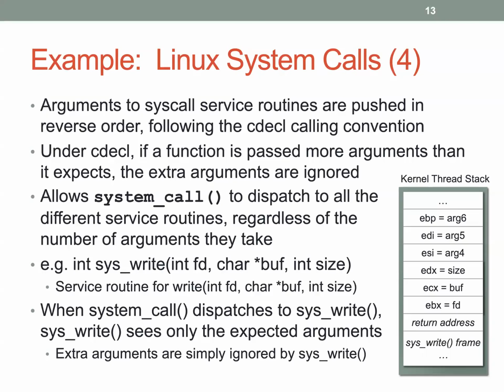It's just the way that the service routine needs it to be. And so sys_write can access its arguments using the completely normal C mechanism. It can return a value, it'll go back in EAX, and the system call dispatcher can take care of packaging everything up and making sure it gets back to the user program. So it's kind of a beautiful mechanism.